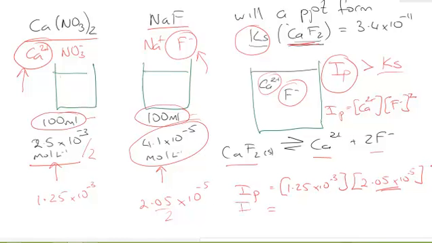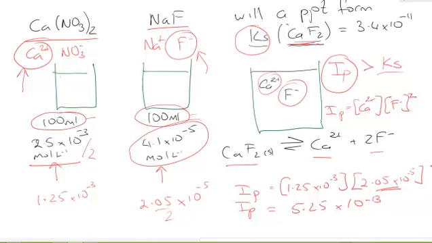So when we work out the ionic product, it's going to be, just a second, 3.4 times 10 to the negative 11. Sorry, there's a little bit of an error there. I just wrote down the wrong number. That should be 5.25 times 10 to the negative 13.